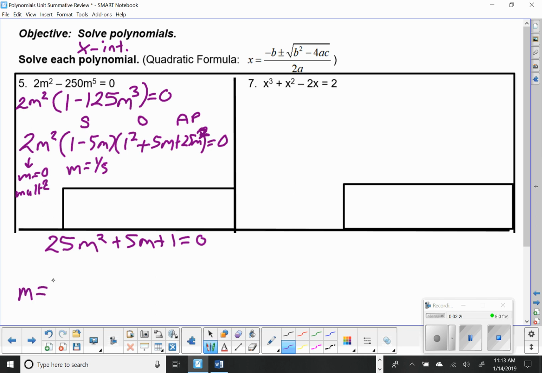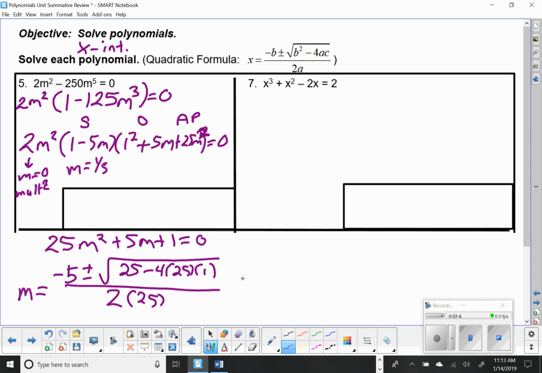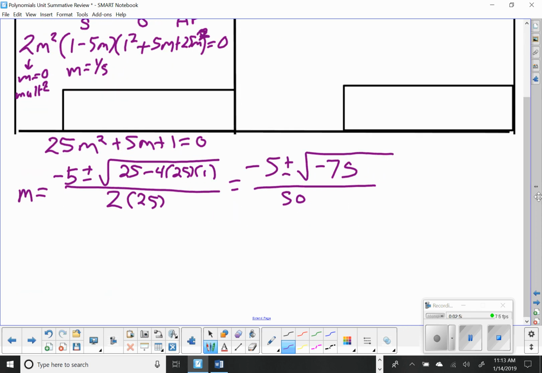So m is equal to negative b plus or minus the square root of b squared minus 4 times a times c all over 2a. Simplifying this, I've got negative 5 plus or minus the square root of 25 minus 100, which is negative 75, over 50. Great, got to keep going.